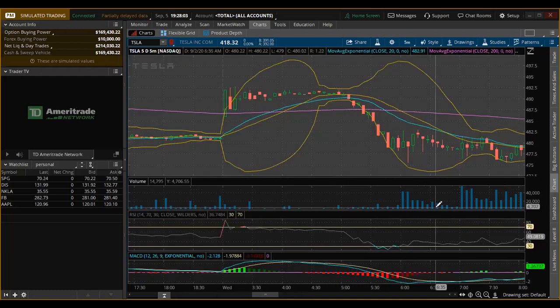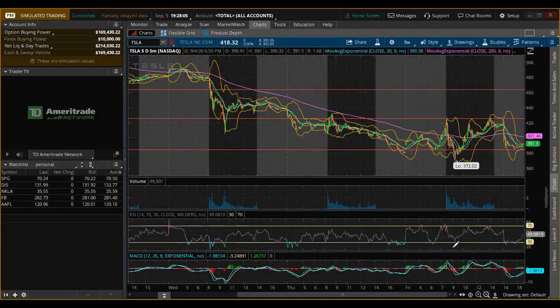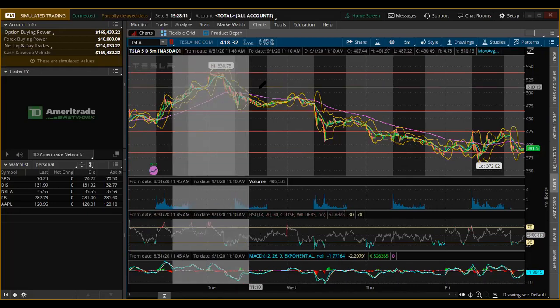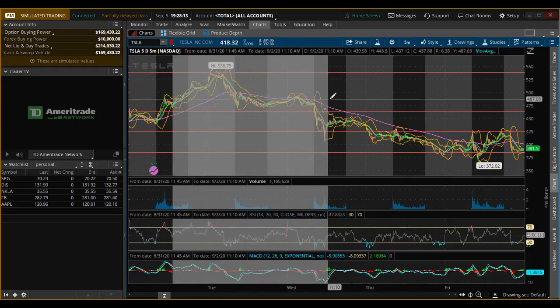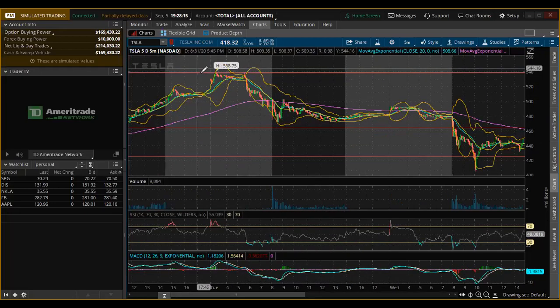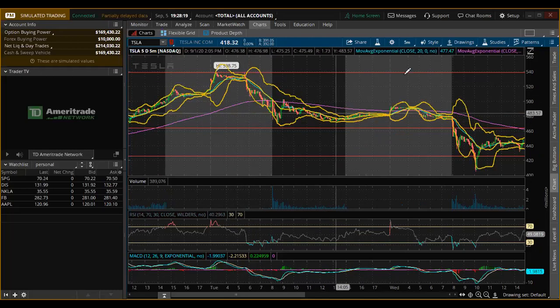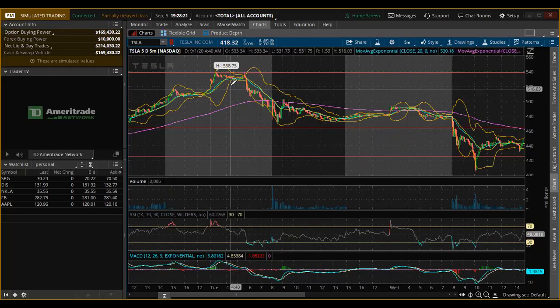All right, so if you look right here, when it was at 538, this is everything you would have seen if you had looked at it from a 5-minute candle instead of looking at that 1 hour.